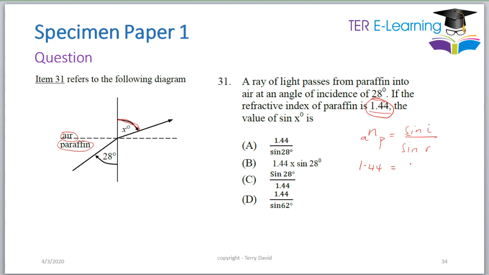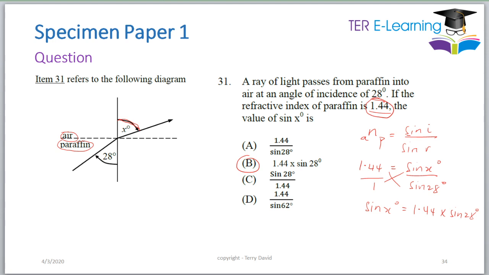So in this case, it's going to be sin x divided by sin R, which is sin 28. Right? So if we cross multiply here, then we're going to get sin x is equal to 1.44 by sin 28 degrees, and in which case that gives us the answer as B.